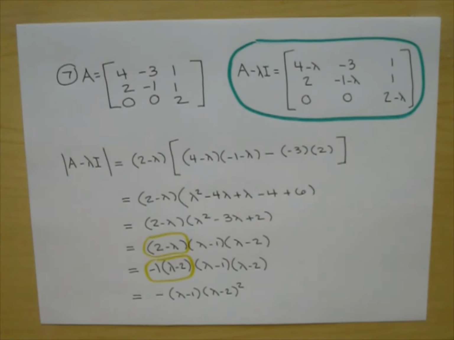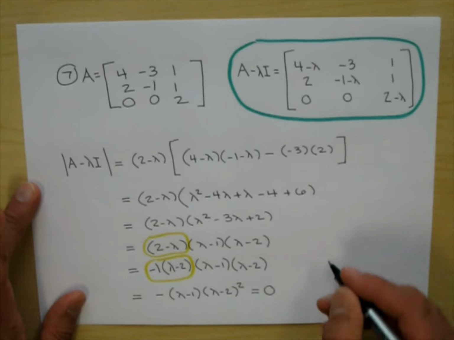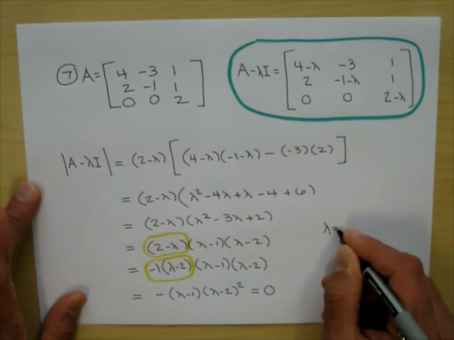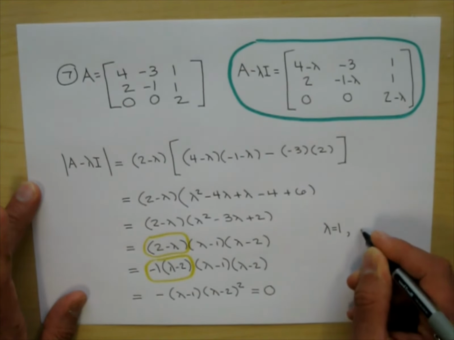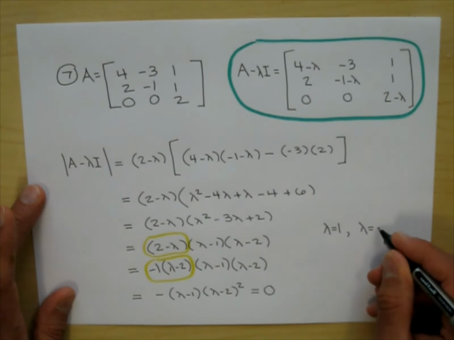Okay, well, I'm supposed to set this equal to 0. And when I set it equal to 0, I end up having lambda equals 1, and over here, lambda equals 2. So I'll write that here. Lambda equals 1. Lambda equals 2.